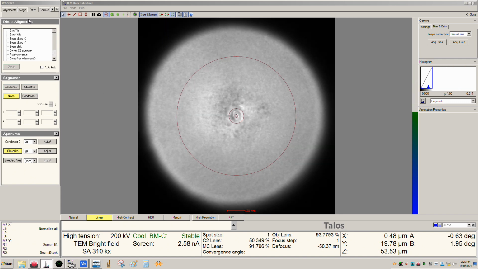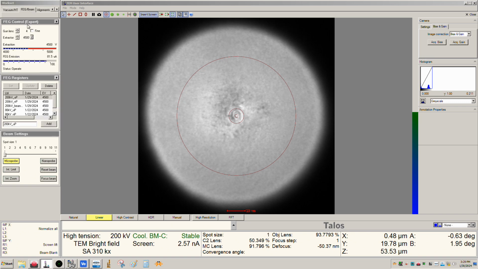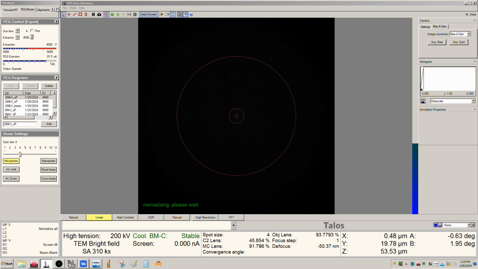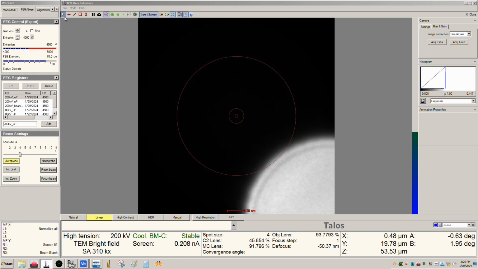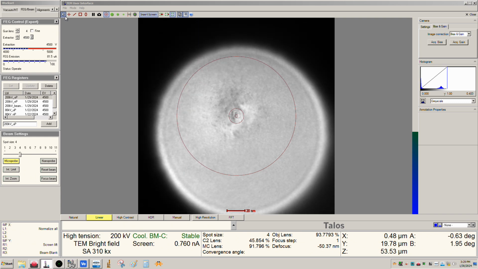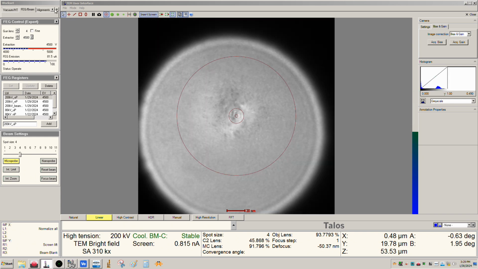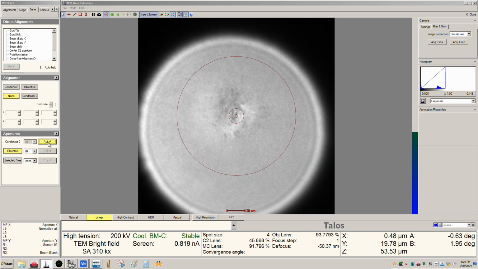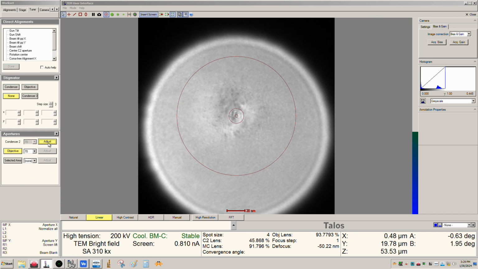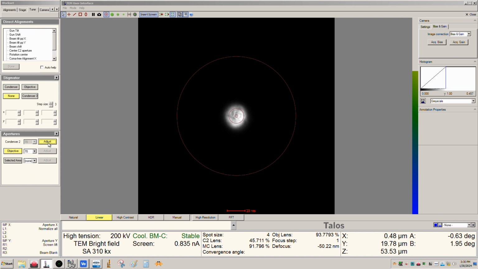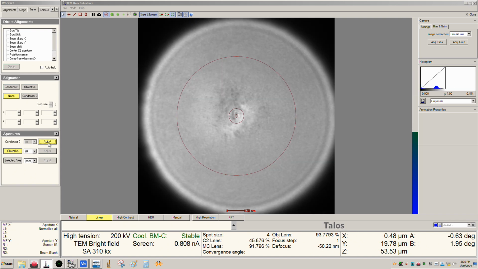Okay, let me go back now to spot 4, and we'll take some high-res images of this, so we can really get an appreciation for what's going on here. Okay, it's decent.